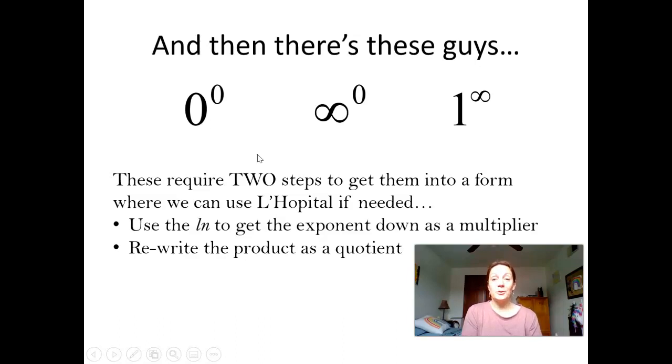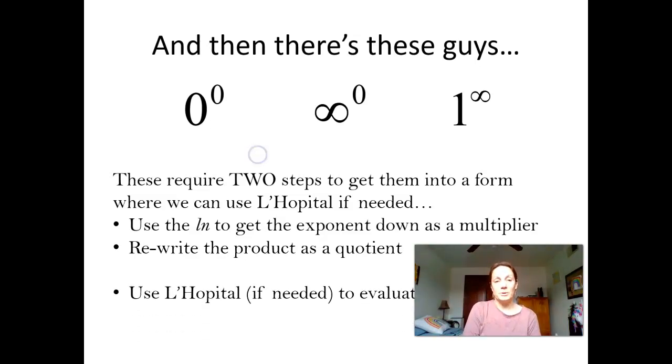Once it's down, you're probably going to have an infinity times 0 type situation or something like that. Then you can rewrite it as a quotient. So I'm taking it from the exponential form that I don't want. By taking the natural log, you can rewrite it as a quotient and then hopefully use L'Hopital.